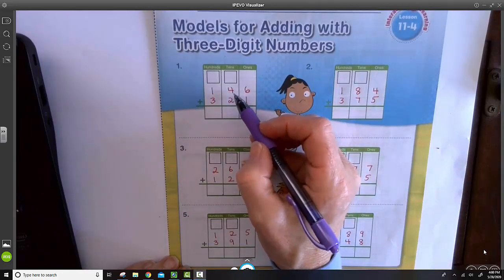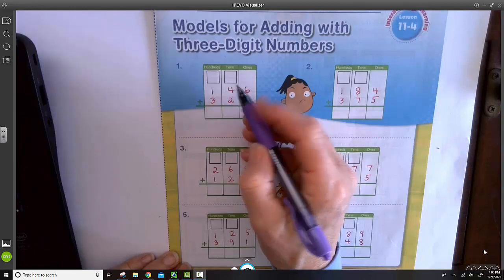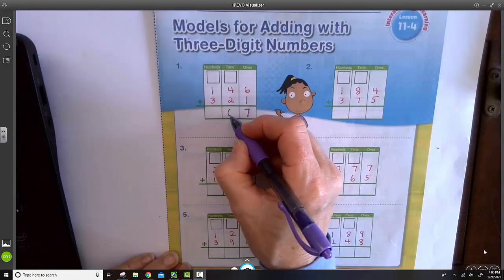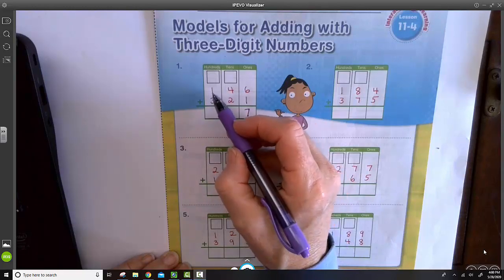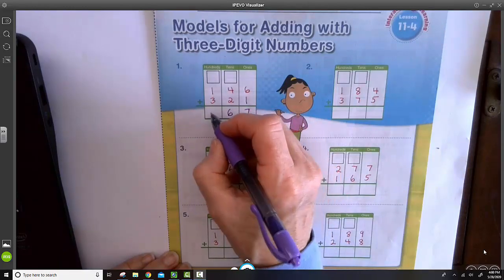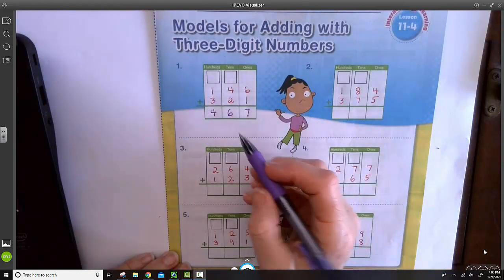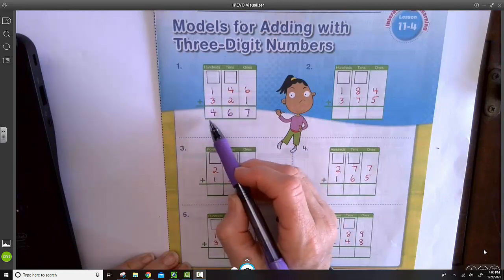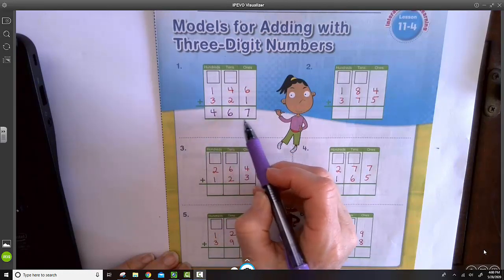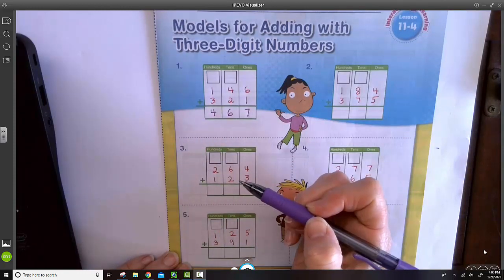Moving to our tens column, 4 tens plus 2 tens would be 6 tens, or the value of 60. And 100 plus 300 would be 400. We're finished with that first one. 146 plus 321 equals 467. The sum is 467.